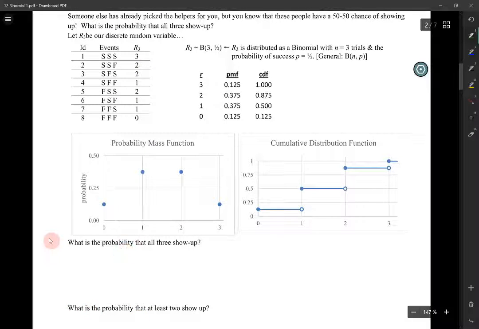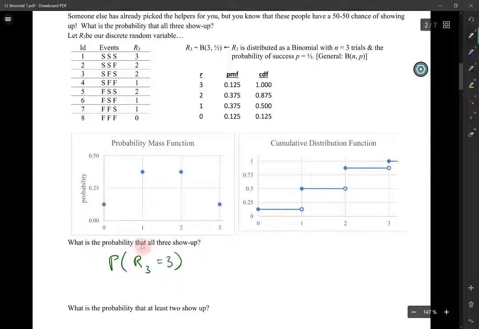What's the probability that all three show up? So what's the probability that something about the three show up? We only have the one random variable. So this is the probability that the number who show up is three in this case.